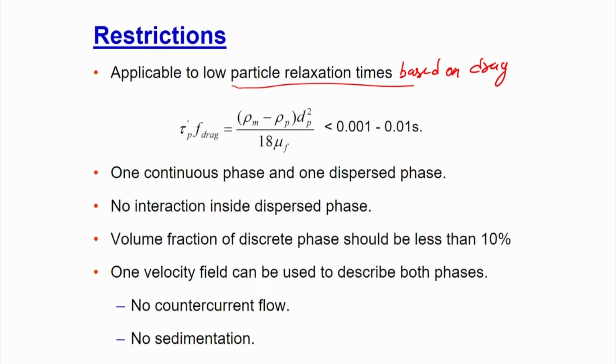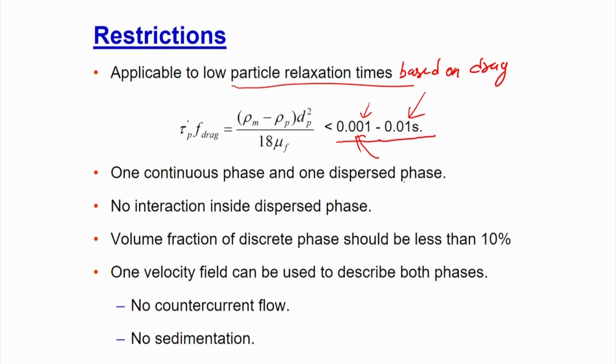So tau p prime into f drag, which is the particle relaxation time, rho m minus rho p into dp square upon 18 mu f, should be less than 0.001 to 0.01 second. It should be in this region or less than that. Why have I given two ranges? Because some books say this, some books follow that, so I have given both. It should definitely be less than this value; the lower it is, the higher the accuracy of the model.